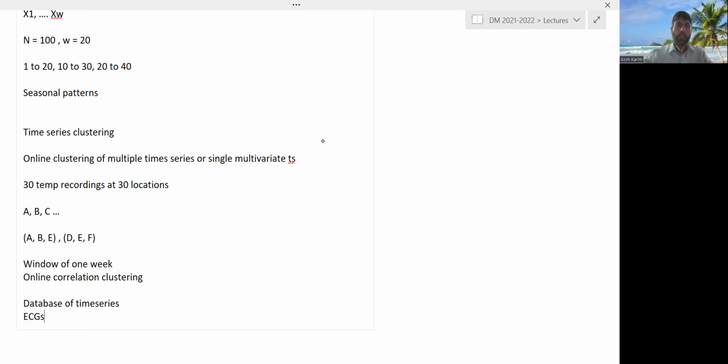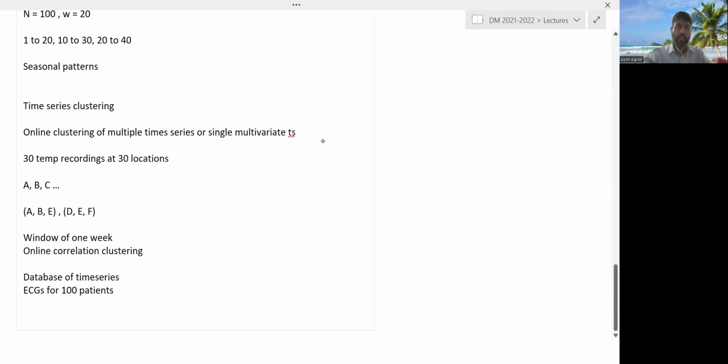It is already recorded. It's not online. So in this case, you will now want to cluster all those time series. So let's say it is for 100 patients. We now like to cluster those ECGs and find those patients that are similar and those patients that are dissimilar. So this is the second scenario.